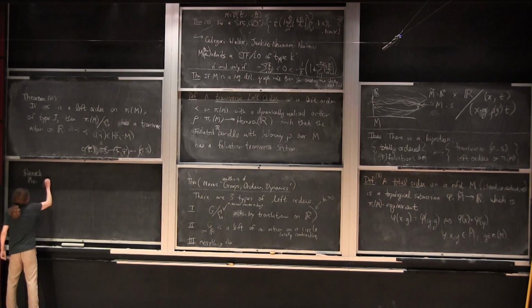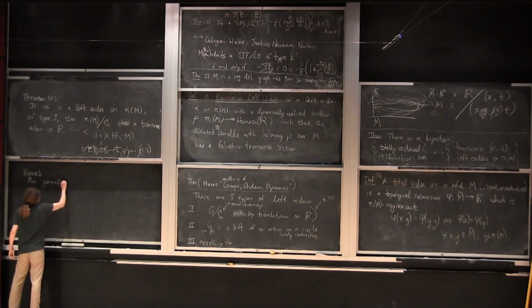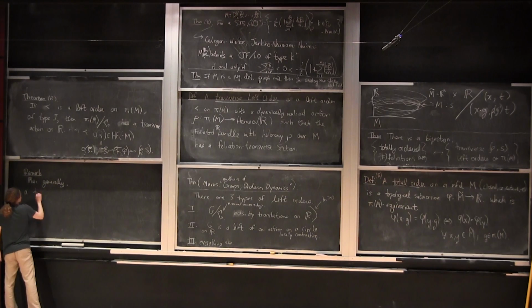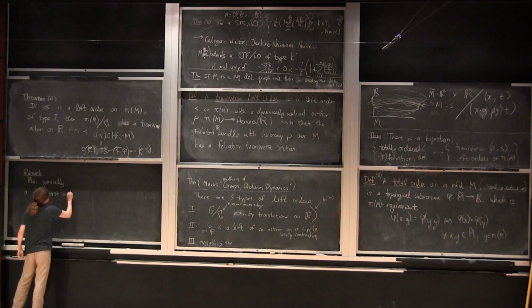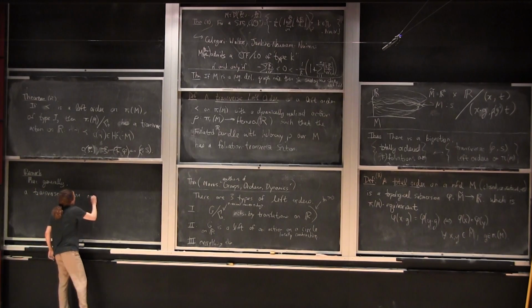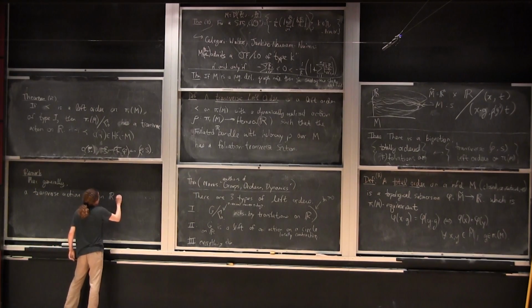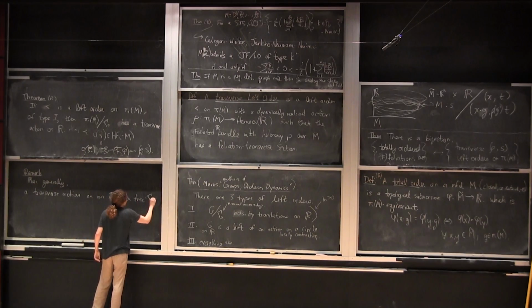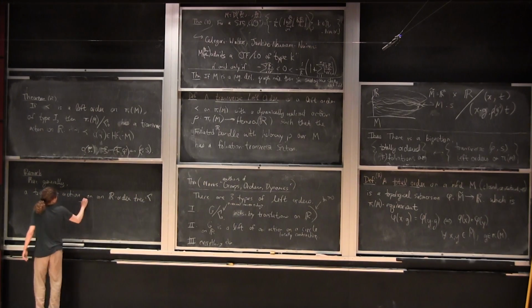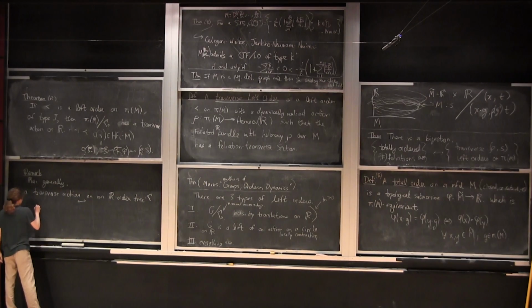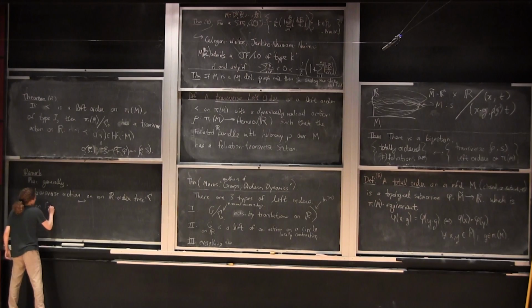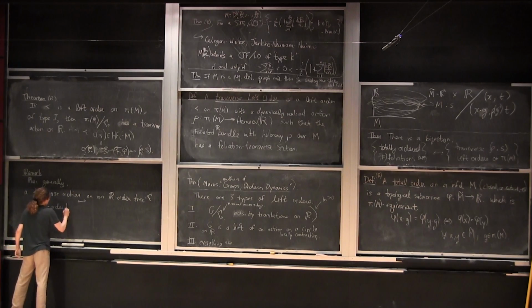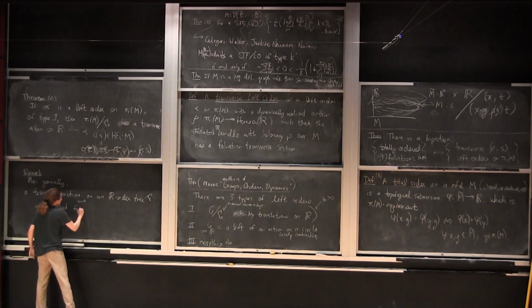More generally, a transverse action on an R-order tree corresponds to an ordered foliation.